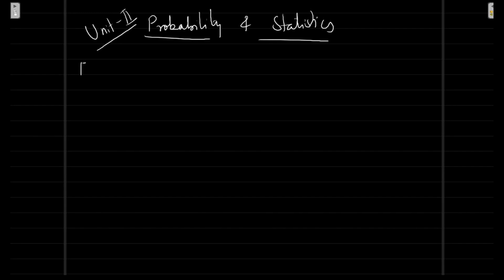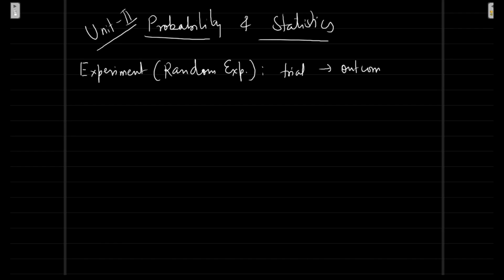What is a random experiment? All I mean by that is that if I am performing an experiment, the outcome of that trial cannot be predicted in advance, just like when I am making a measurement on this xi.